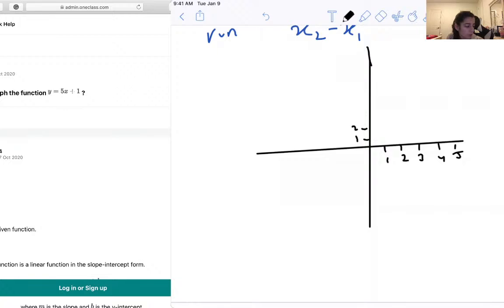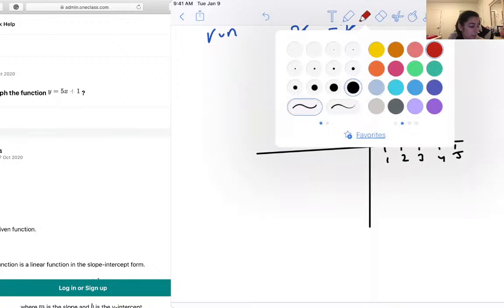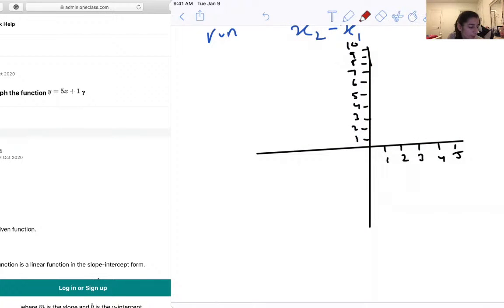One, two, three, 4, 5, 7, 10. So what we know for sure is our y-intercept. We know that when x is equal to 0, y would be 1. So we go to x and we go to y, and we plot our first point, which is over here. So when x is 0, y would be 1.